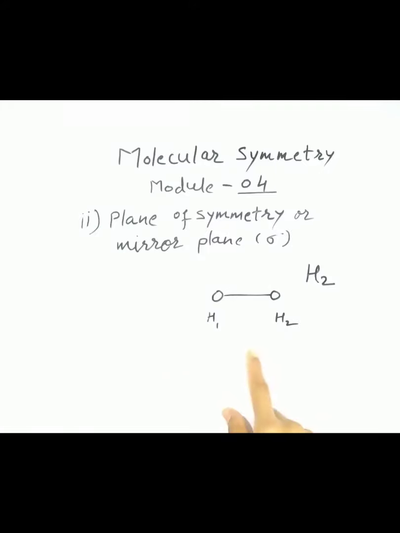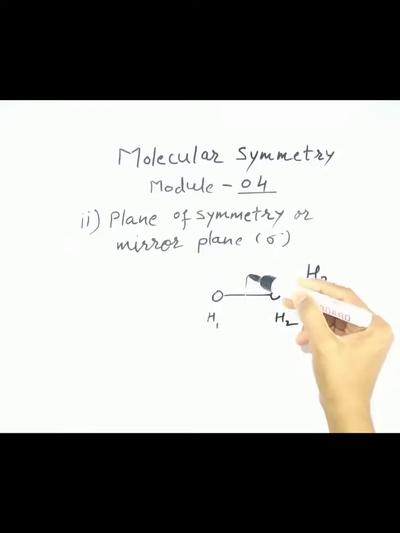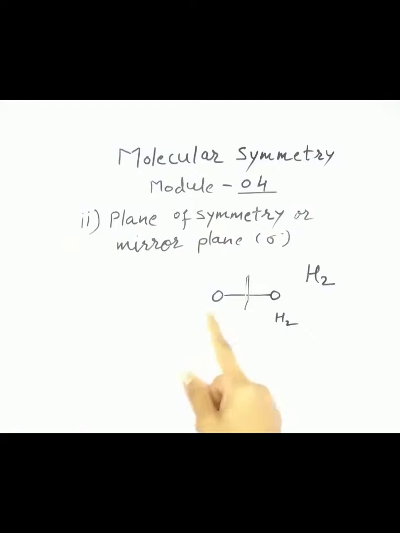Suppose in a molecule we can pass a plane which can divide the molecule into two equal halves. Then we can say that the plane of symmetry is present in that molecule. Means what? See, this is the H2 molecule. There are the 2 hydrogen atoms at two ends of a line.